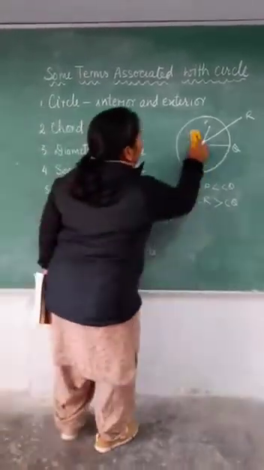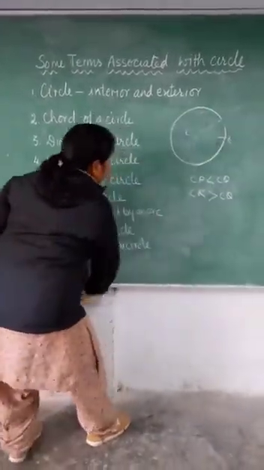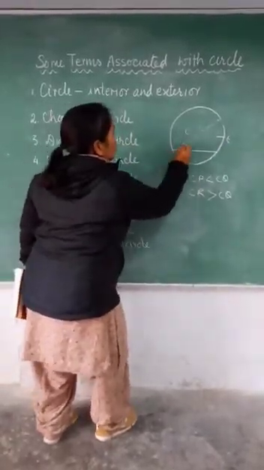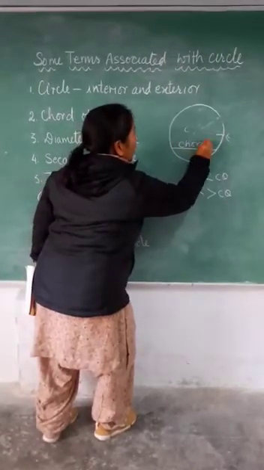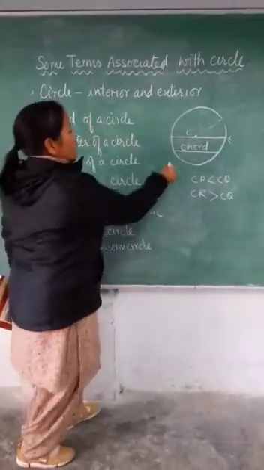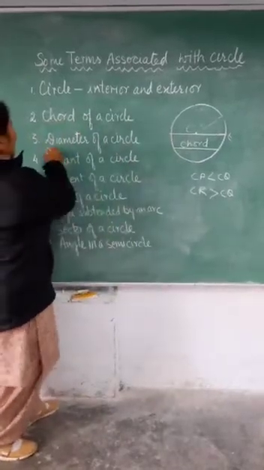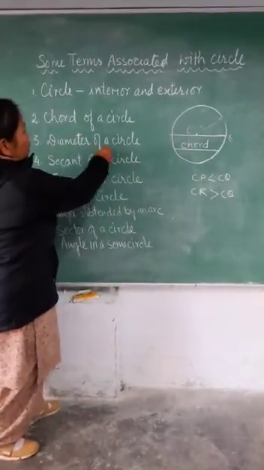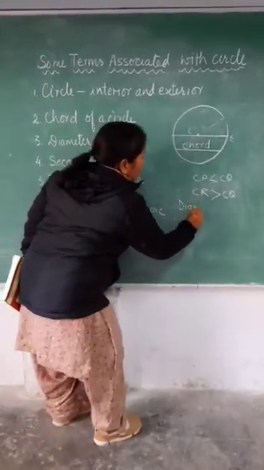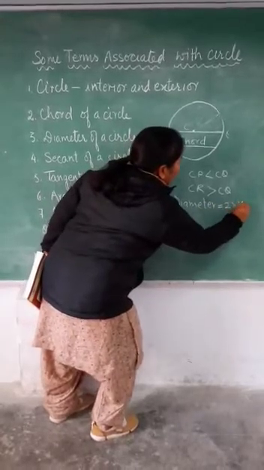For chord, if any line whose endpoints are on the circle, which divides the circle into two parts, then this is called the chord of the circle. Diameter is also a chord of the circle, and diameter is the longest chord of the circle. Now next is diameter. As I told you, diameter is the longest chord, and diameter equals twice the radius.